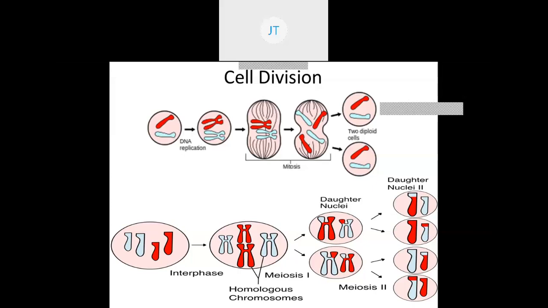A human being has a total of 23 pairs, or 46 chromosomes. Here we only show one copy of one chromosome, so it is better to make you understand. Here from one copy during DNA replication, an identical copy forms.